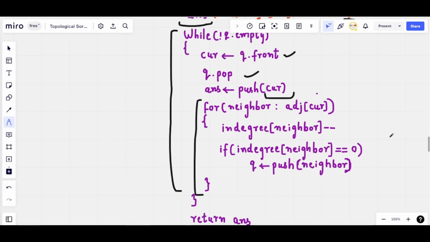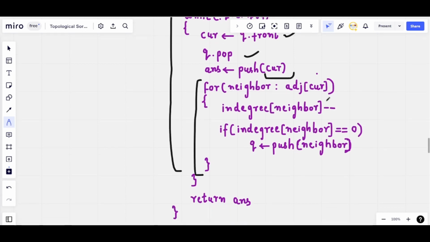That is just performing the usual BFS. And for all the neighbors which I am traversing, I am decrementing the in degree by 1. That is, I'm just removing the edge from the current node to the neighbor node. Now, if after removing the edge, the in degree becomes 0 for that neighbor, then I'm gonna push that neighbor into the queue for further processing.